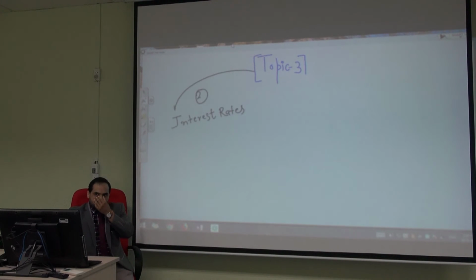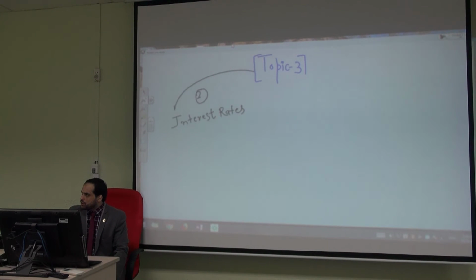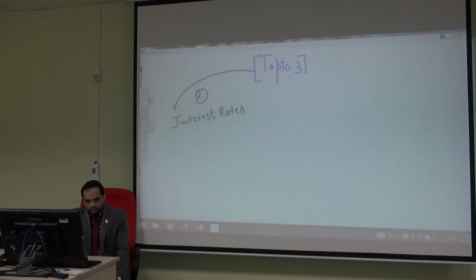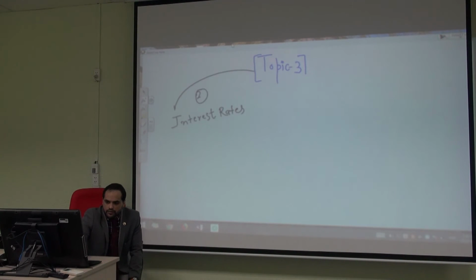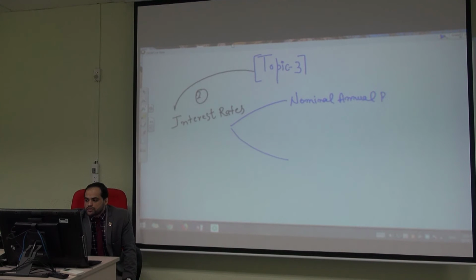Interest rates. So we have 2 types of interest rates here, right? The first one is a nominal annual rate, all right?